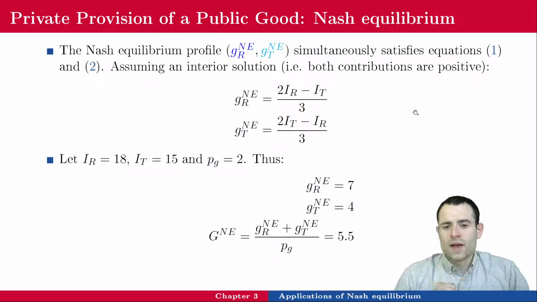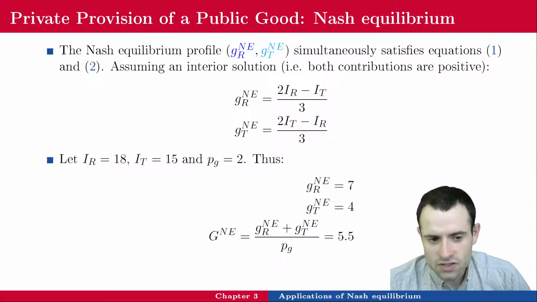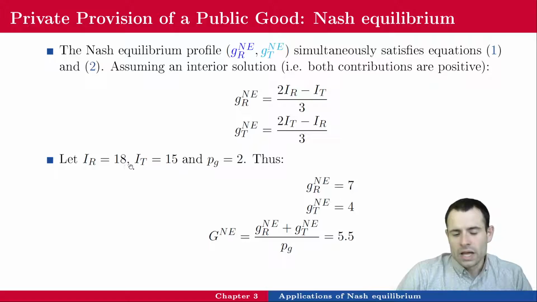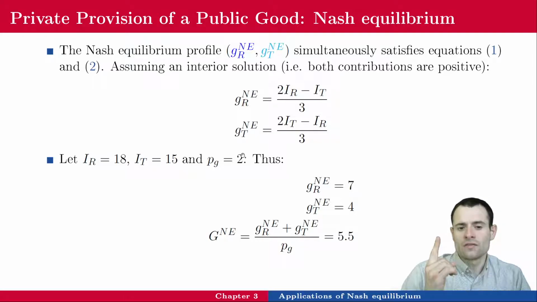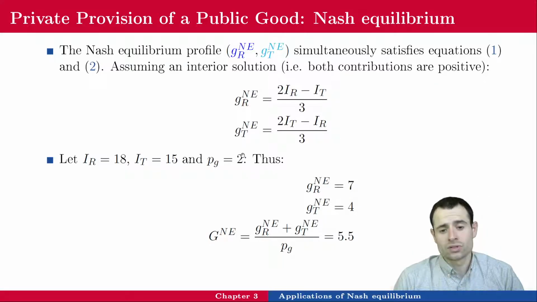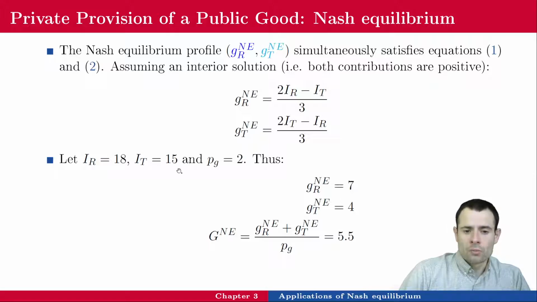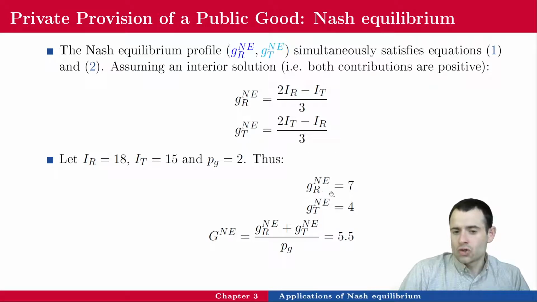To put things in perspective, let's actually define some numbers. Imagine that Rosia's income is 18 and Tom's income is 15. The price of 1 unit of kitchenware is equal to $2. You can plug your numbers into the Nash equilibrium values, and you get that Rosia's contribution is going to be 7. Tom's contribution is going to be 4.